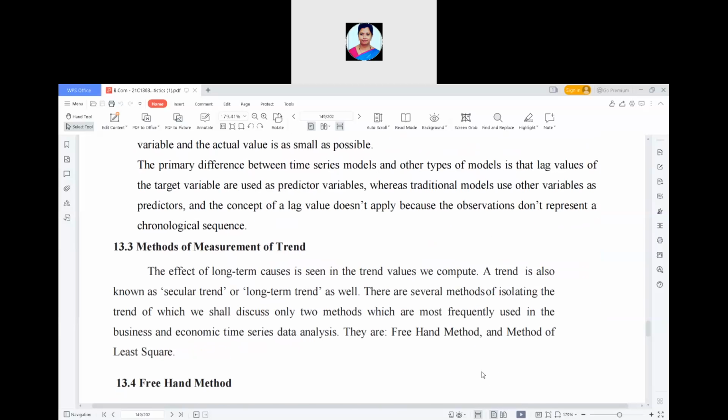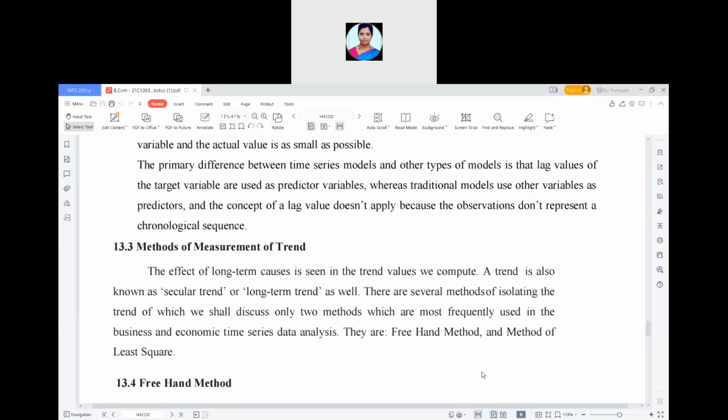So here we have some methods of measuring the trend values. We are going to see various methods which are used to determine the trend. The effect of long-term causes is seen in the trend values we compute.